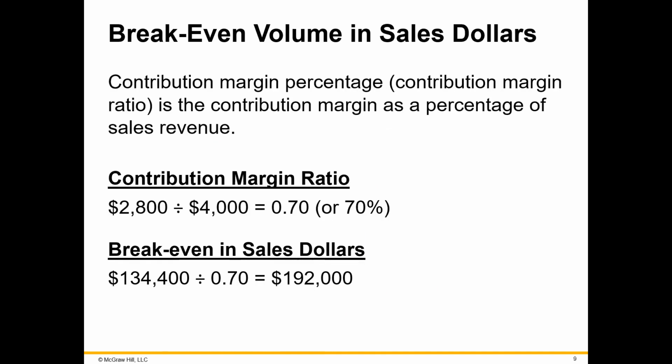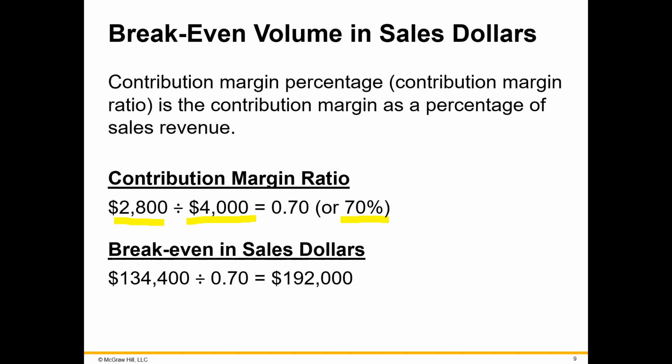For this company, the contribution margin ratio would be the $2,800 contribution margin divided by $4,000 in sales per trip. So that gives us 70% contribution margin, which means that for every dollar of sales that we have, 70 cents of that either goes towards fixed costs, or if fixed cost is already covered, then it's 70 cents of profit.